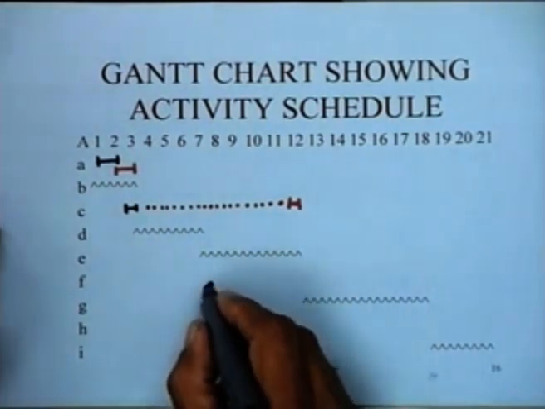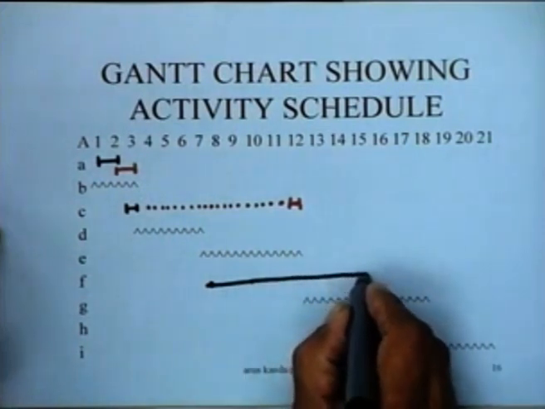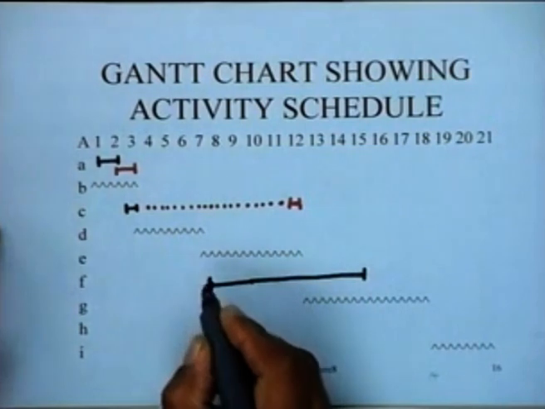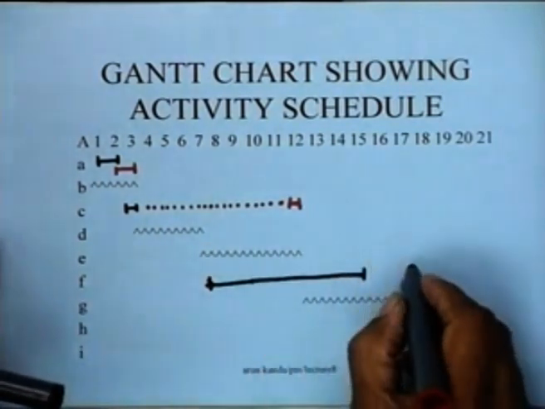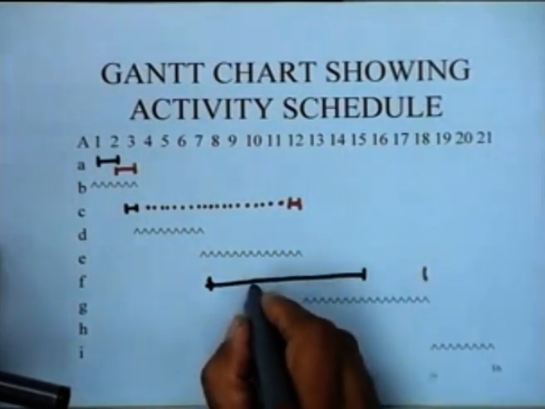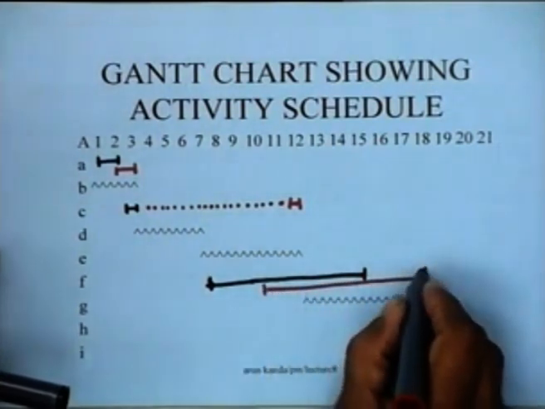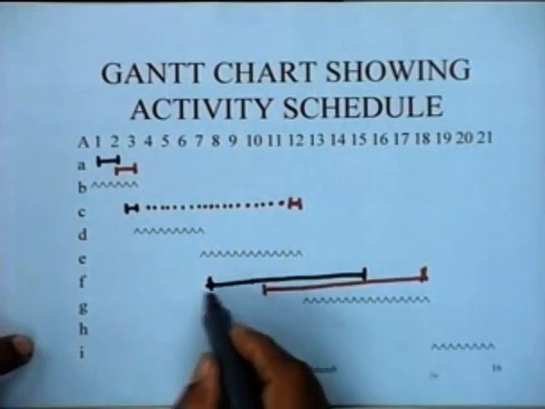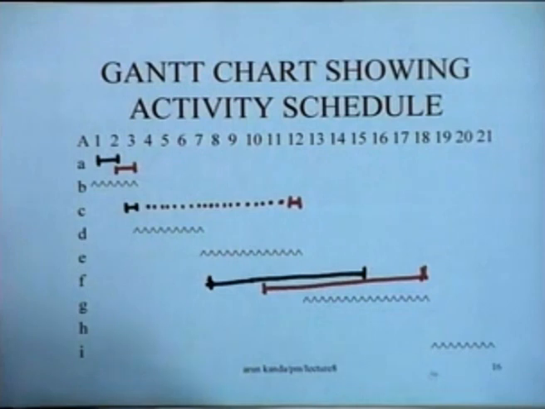So, 7th to the 15th day it can go on in this particular mode here, something like this, or it could be actually rescheduled so that it is completed 3 days later in period 18. So, it is started here in period 10. So, something like this. So, this particular activity can be slid from here to here, and it would not really affect the total project duration if this was done in this particular manner.